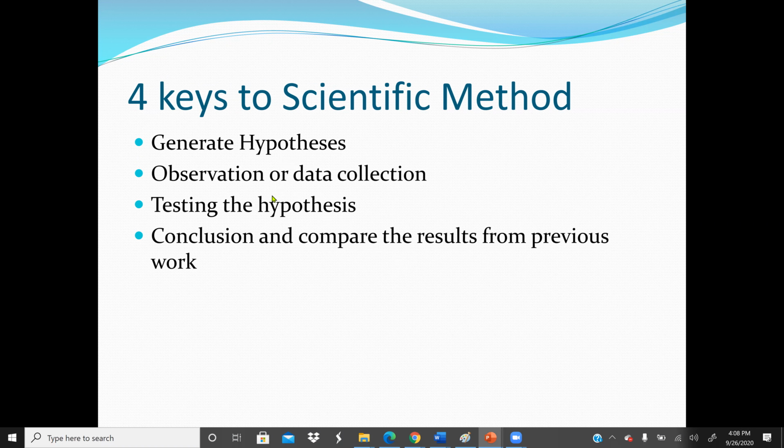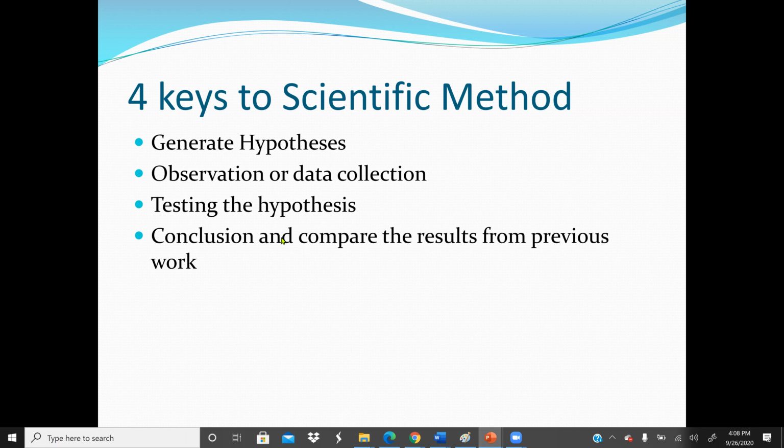Observation is collecting data. Then if we have data, we can analyze our data to test our hypothesis. After we test our hypothesis, we make our conclusion. Then we compare the results with previous work.